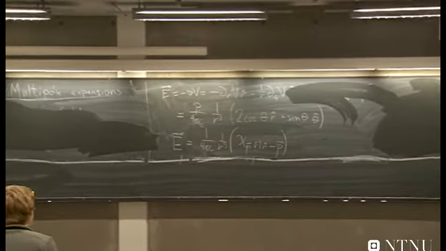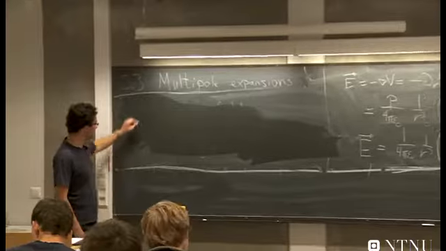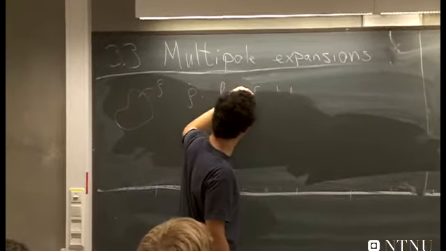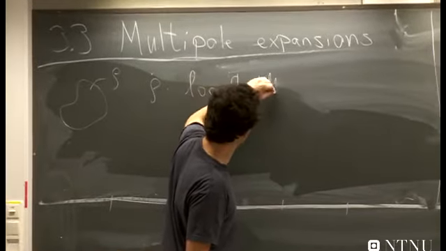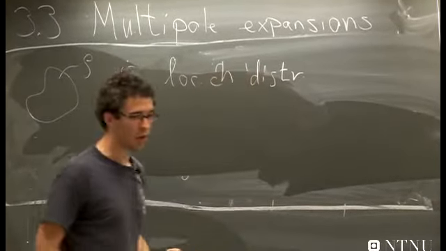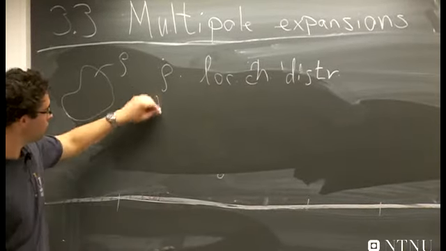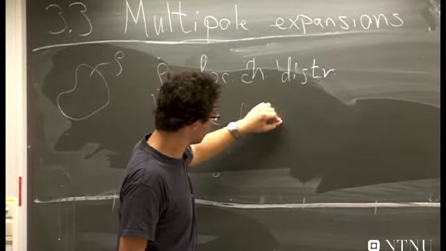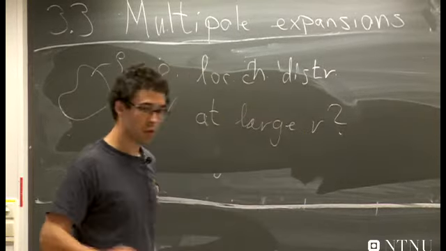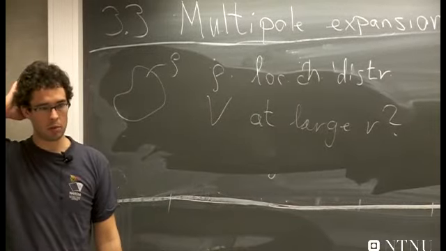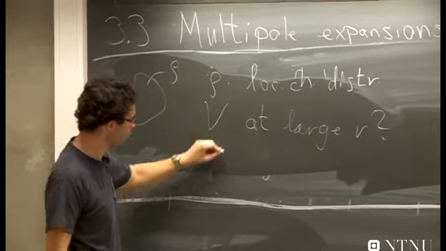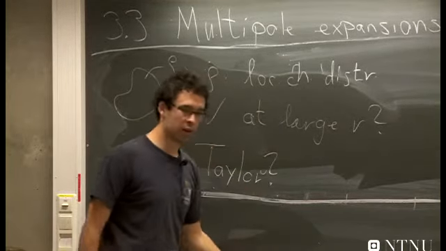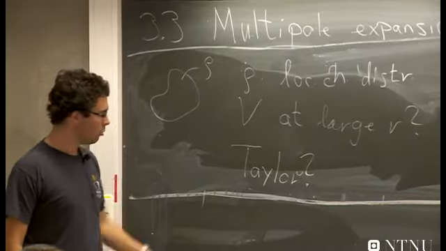The idea we started out with was that if we have some localized charge distribution, can I find an approximation for the potential V at large r? Of course, the immediate response might be Taylor expansion, for example. That's not very convenient because it typically assumes that x is small.